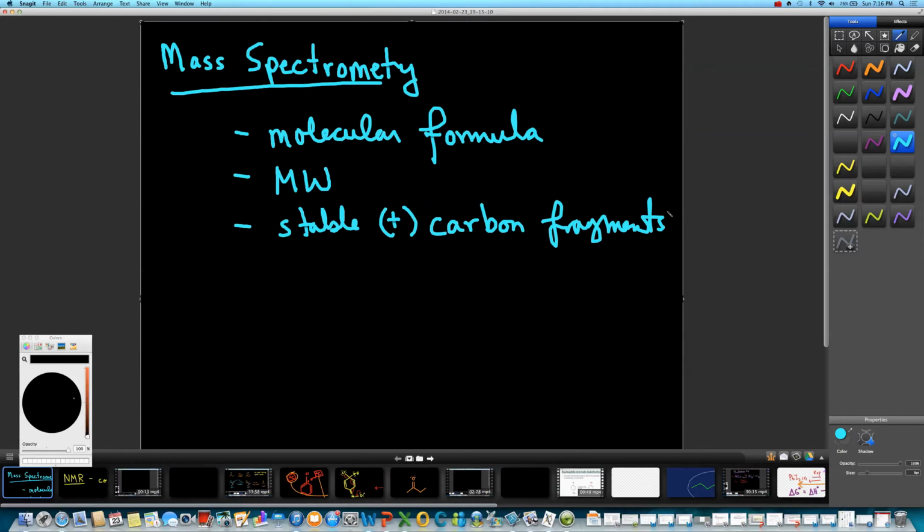So both mass spec and IR spec pieced together can often give me a really good idea about what kind of compound I have. But NMR is going to be where everything is allowed to come together.